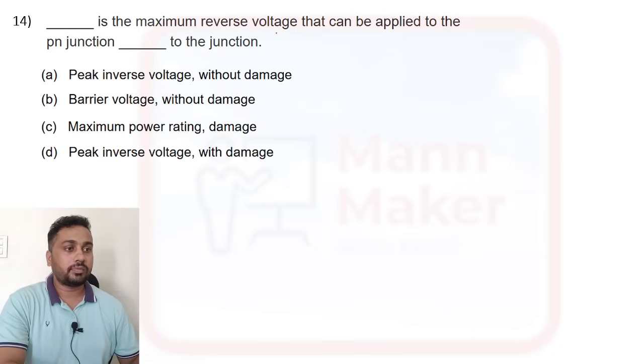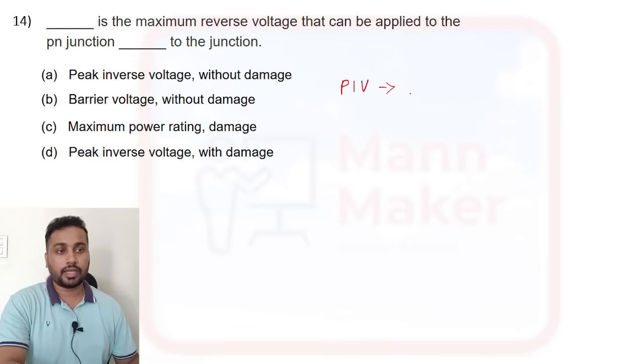Dash is the maximum reverse voltage that can be applied to the PN junction. Whenever there is maximum reverse voltage, we have PIV, which we call peak inverse voltage.